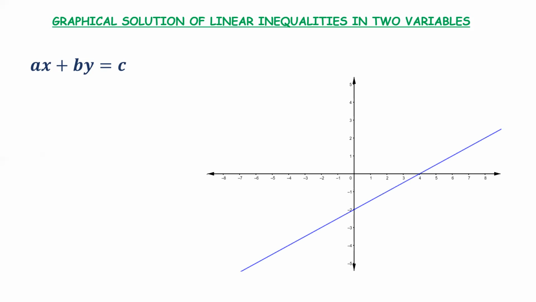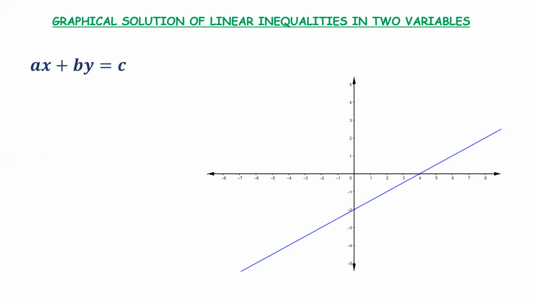Now one thing: if we are talking about two variable problems, that means x and y. Generally, if we want to write the linear equation of two variables, it will be ax plus by equals c, or ax plus by plus c equals 0. Anything you can write. Suppose we draw the line, it will look like that.